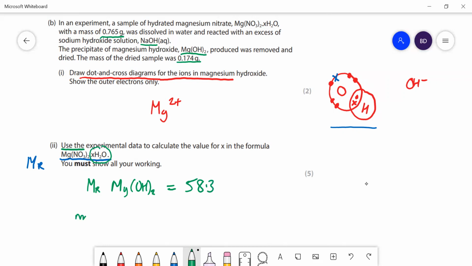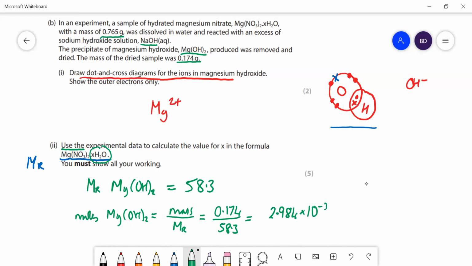So now we can work out the moles of magnesium hydroxide, which is mass over MR. The mass is 0.174 grams, and the MR is 58.3. That gives us 2.984 times 10 to the minus 3 moles.